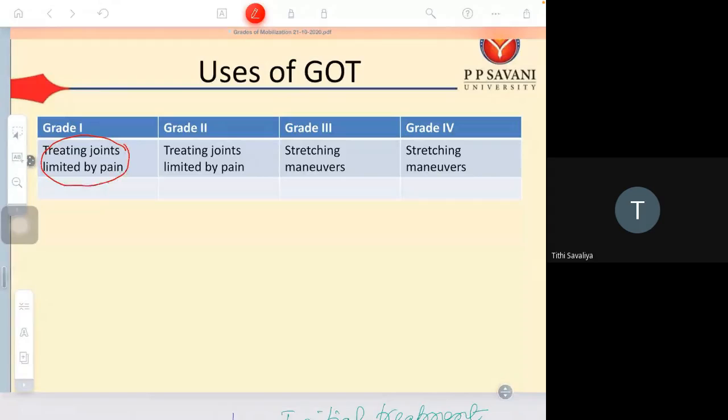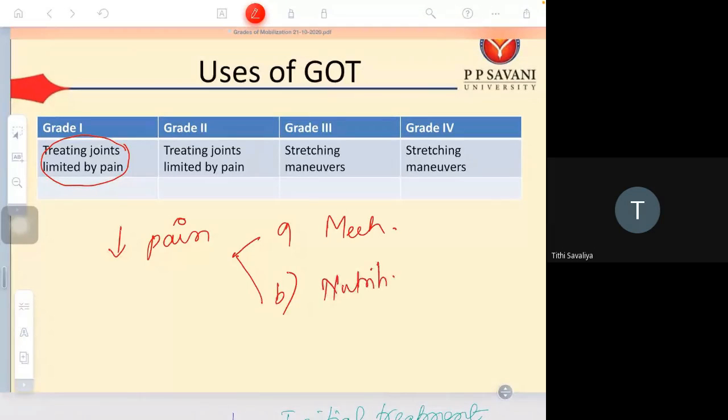Grade 1 oscillation will reduce pain. You already know. There are two reasons we have discussed. How is the pain reduced? By inhibiting the mechanoreceptor and by improving the nutrition to the injured cartilage.